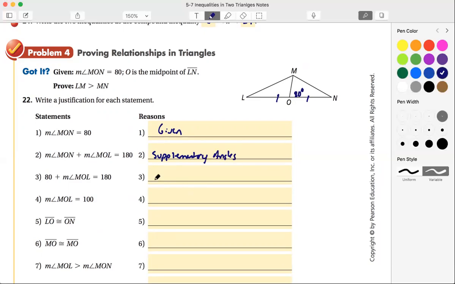So substitution. Now I'm going to subtract 80 from both sides. Since O is the midpoint, I know it creates two equal segments.